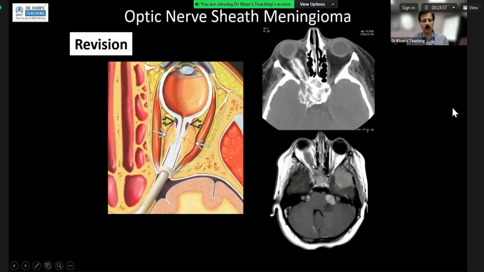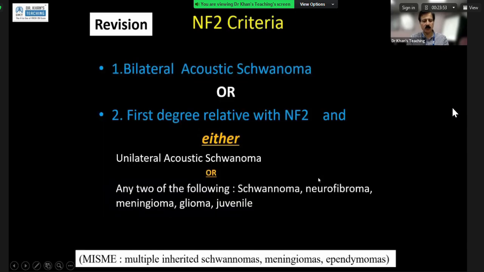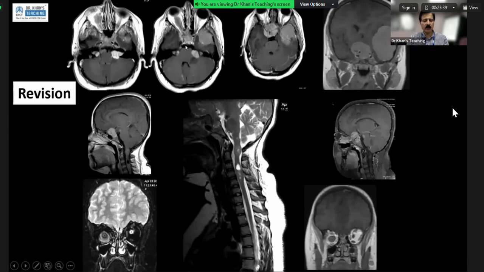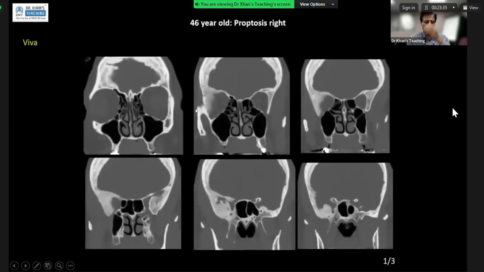This one is an optic nerve meningioma secondary to paracavernous meningioma. This is the definition of NF2: bilateral acoustic schwannoma, or first degree relative with NF2 with either of the two, and one of the definitions is meningioma. So we have done all of this. So that's why I'm just skipping through it.